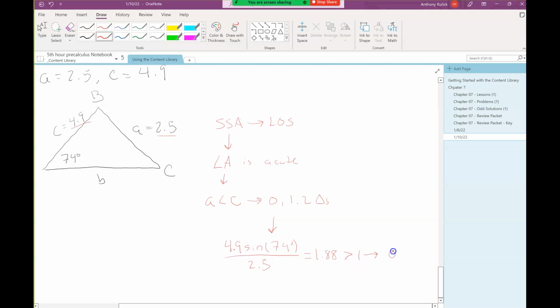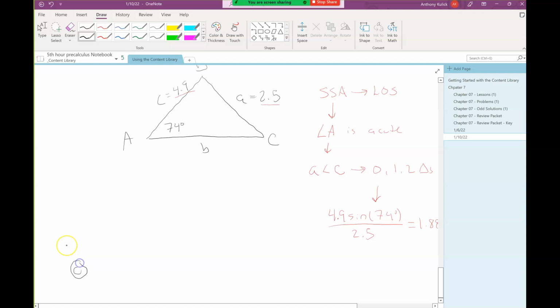And I know in that situation, there's 0 triangles. So there's nothing to do. I can't solve for a triangle that doesn't exist. I'm done. Cool. That wasn't bad then. What do you guys think? All right. Let's do another example.